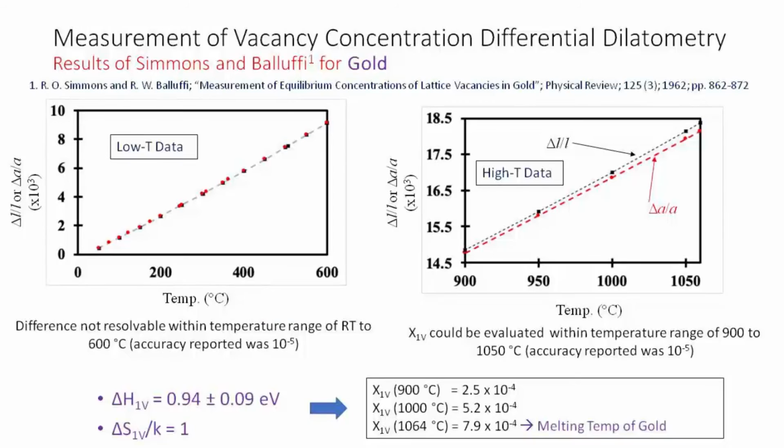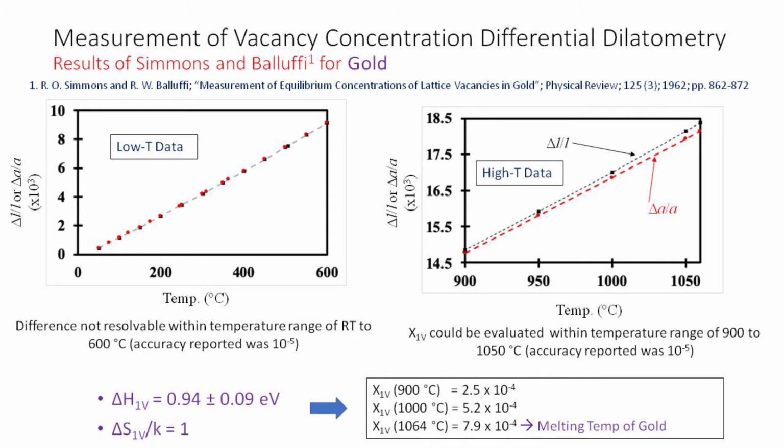So, let us look into some results from the literature. Here I am showing the results from the classic work reported by Simmons and Balluffi on the measurement of equilibrium vacancy concentration in gold using the differential dilatometry technique. This plot is the plot of delta L by L or delta A by A versus temperature, in the smaller range of temperature from room temperature to 600 degrees Celsius.